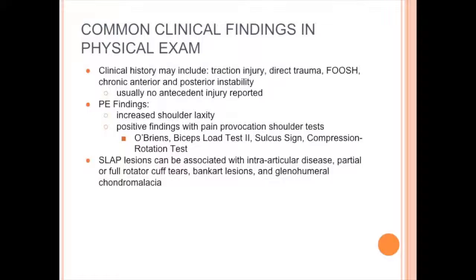Some findings you might have in the exam could be increased shoulder laxity, and positive findings with pain provocation shoulder tests, being the O'Brien's test, biceps load test 2, sulcus sign test, and compression rotation test. SLAP lesions are also usually associated with intra-articular disease, partial or full rotator cuff tears, a Bankart lesion, and glenohumeral chondromalacia.